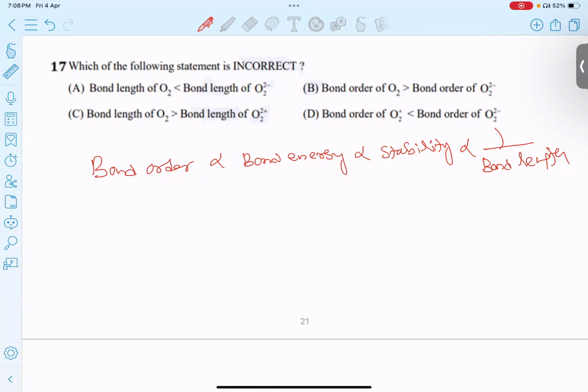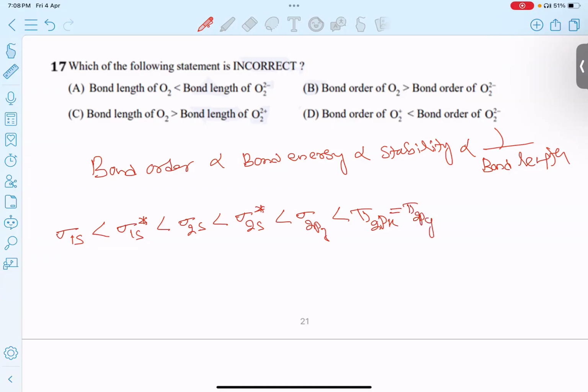For O2, we use this increasing order of molecular orbitals: sigma 1s less than sigma star 1s, less than sigma 2s, less than sigma star 2s, less than sigma 2pz, less than pi 2px equal to pi 2py.